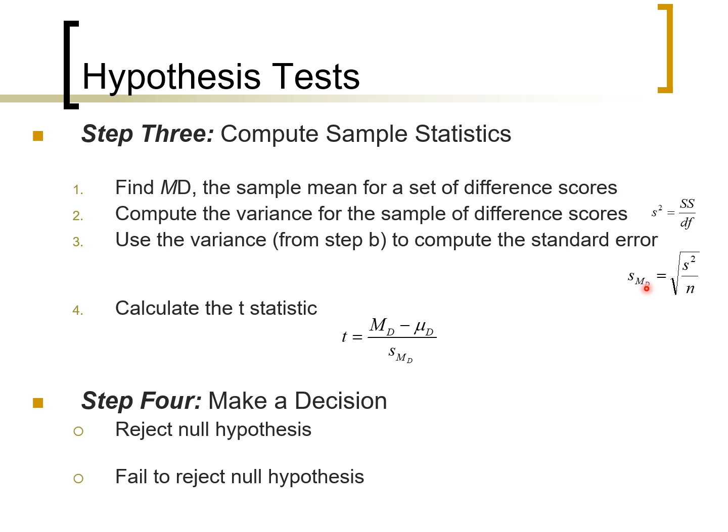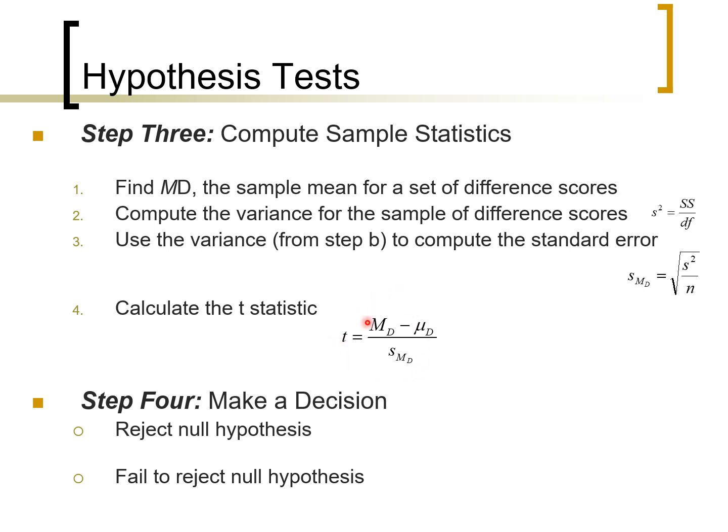Is there a big standard error, a lot of variability of the mean of difference scores, or are they close to the same values? There's little standard error of the mean of difference scores. Then we just calculate our t-statistic. We take our mean of the difference scores on the top. If that's big, that's likely to lead to a bigger t-statistic.